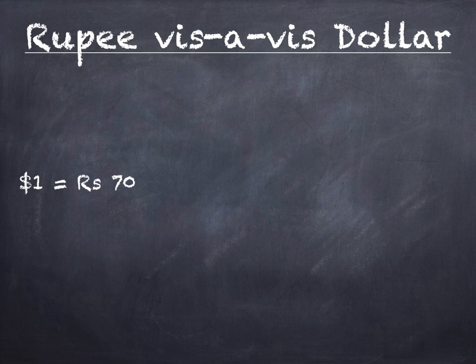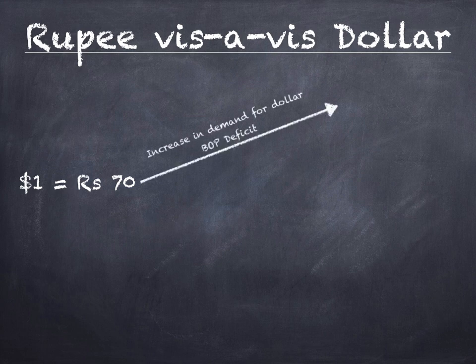Price of dollar increases with its demand and decreases with a decrease in demand. So when demand for dollar increases, we see the price of dollar also rising. So $1 reaches 75 rupees, an increase of 5 rupees. All right. And when does the demand for dollar increase? When we are running a balance of payment deficit, as we studied just beforehand. Right?